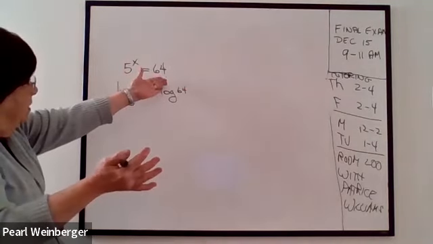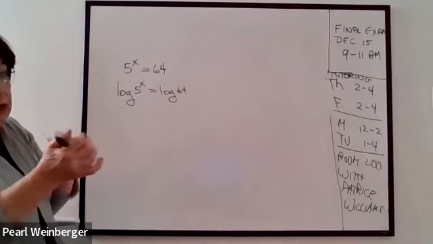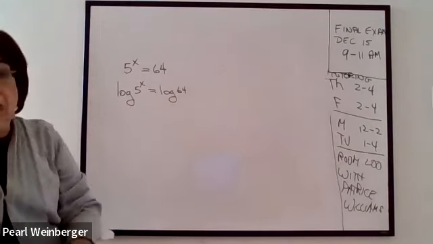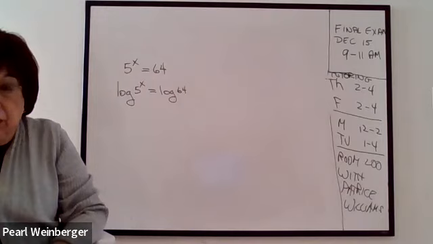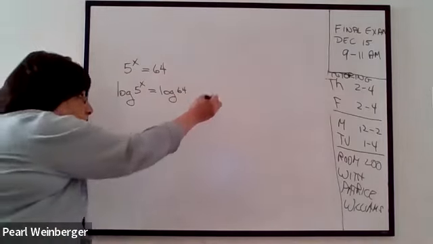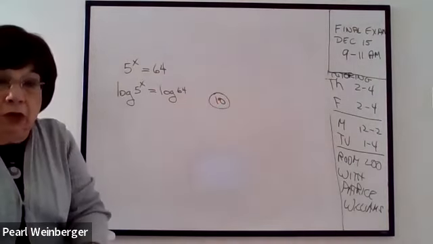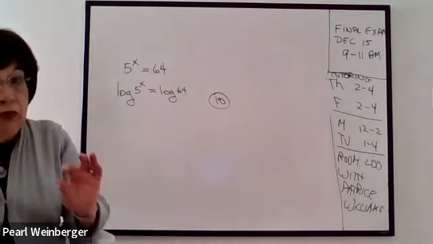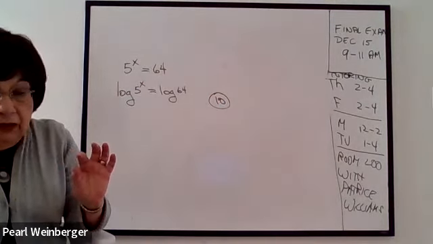Now, that makes sense. If the 5 to the x equals 64, certainly the log of 5 to the x has to equal the log of 64. Now, if you notice, I didn't put a number next to the log as a subscript. In other words, the base I'm using here is base 10, because anytime you have the word log written without a subscript, it's not like the subscript was neglected or forgotten.